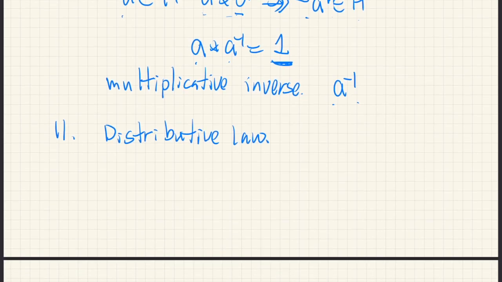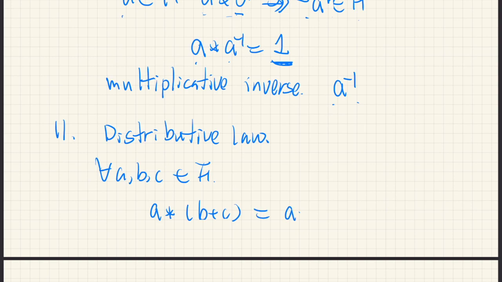For any elements A, B, C of F, we have the following equality: A times (B plus C). This means first we add B and C and then multiply A by the result of that addition. This is equal to A times B plus A times C. So we can distribute multiplication over addition.